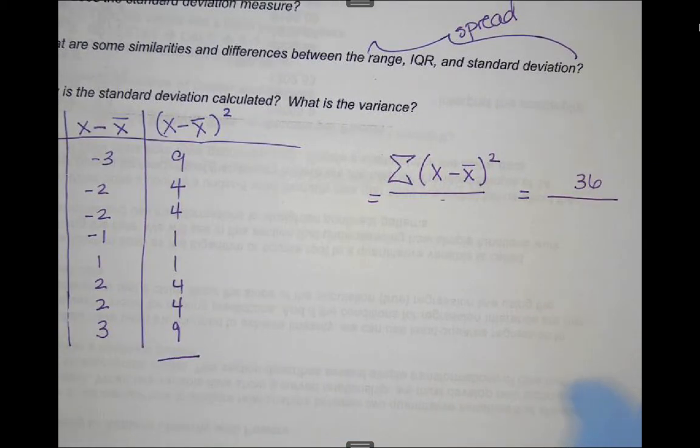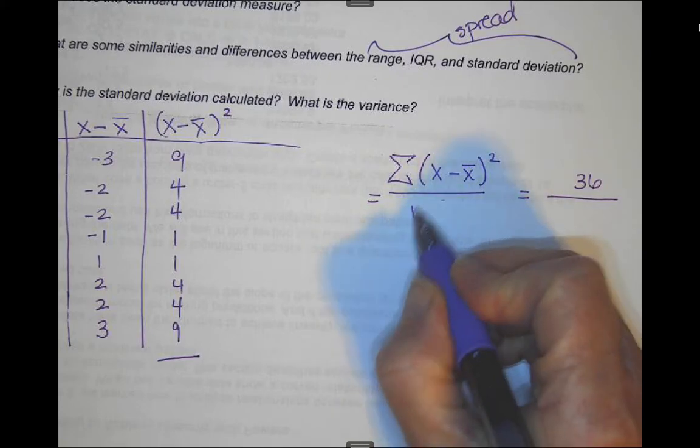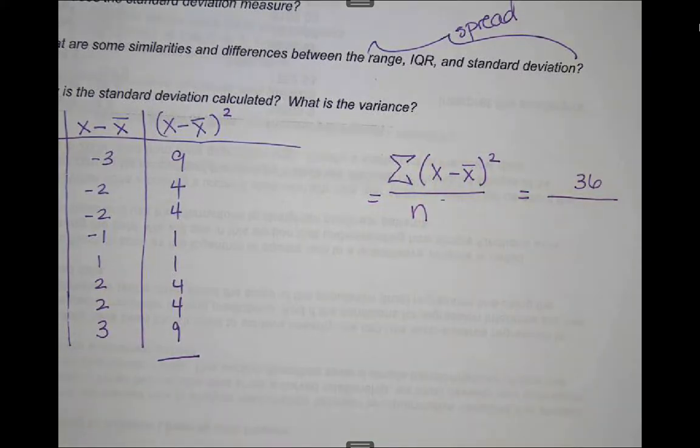Again, I told you I wanted to take an average. So you would tell me probably I should just divide it by the number of values in my data set. So why don't I just divide that 36 by 8? Well, the problem is that if this is a sample of the values, then it's not the actual population. So if it's not really the actual population, and I'm just using a sample to estimate something about the population, I probably shouldn't divide by the actual number.